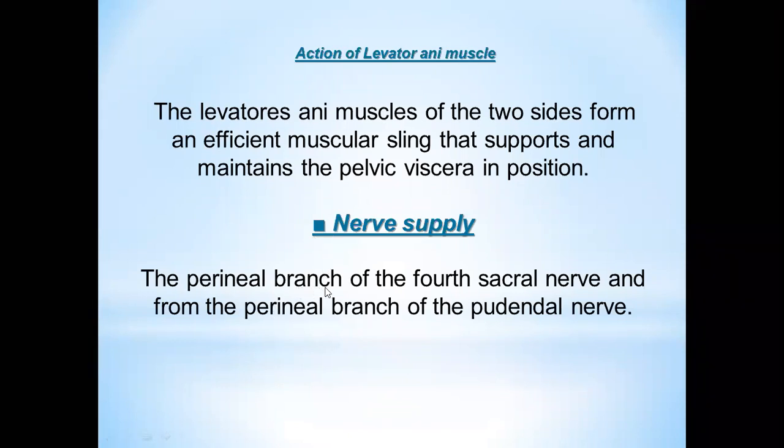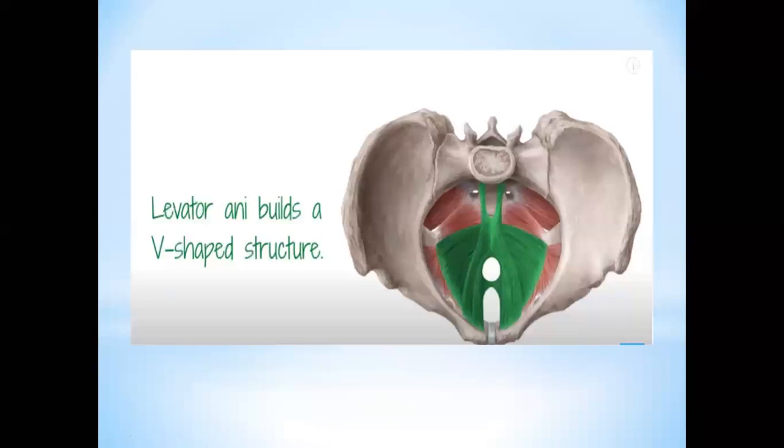It is supplied from the perineal branch of the fourth sacral nerve and from the perineal branch of the pudendal nerve. So both are perineal branches, one from the pudendal nerve and another from the sacral nerve. Now you can see here that the levator ani muscle forms a V-shaped structure.